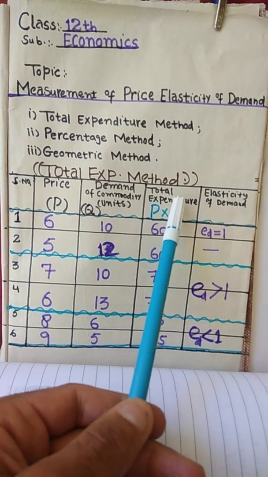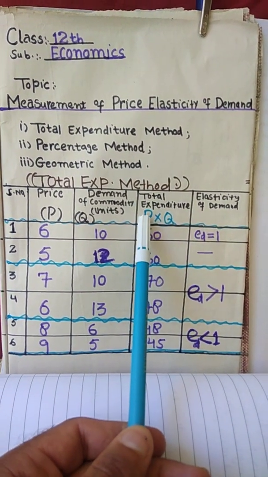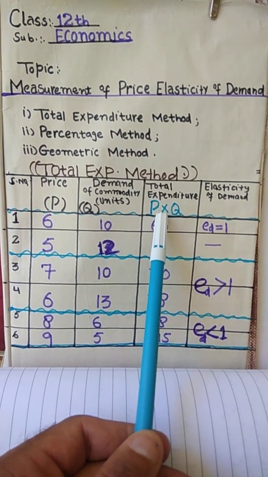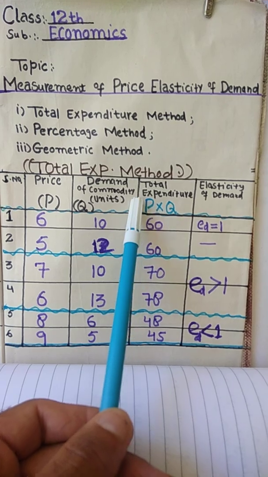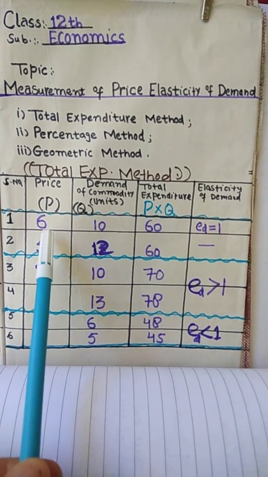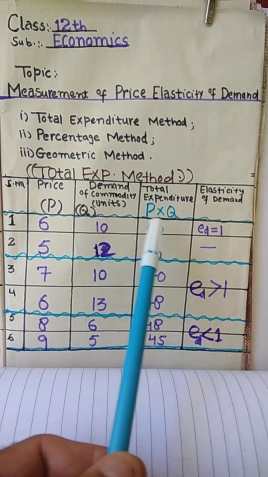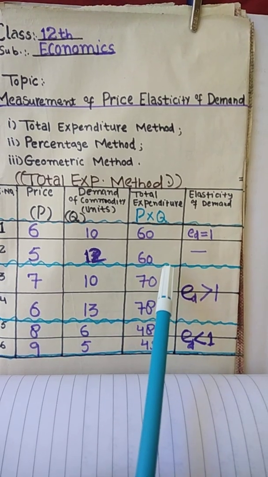How can we measure the total expenditure? Expenditure is calculated by multiplying price and quantity. P is price and Q is quantity. Here 6 into 10 is 60, 5 into 12 is 60.